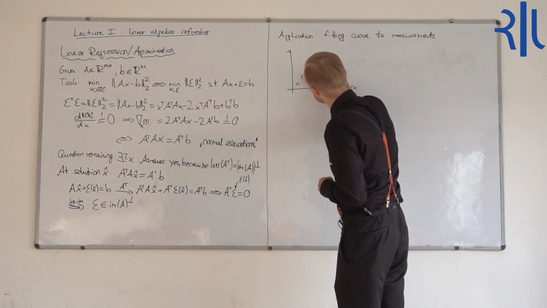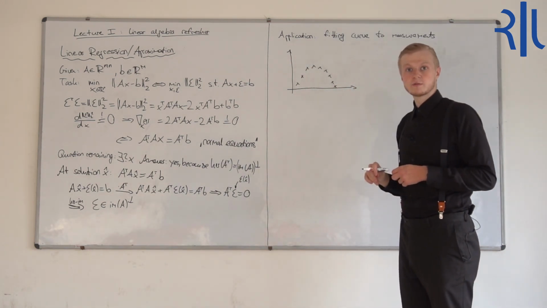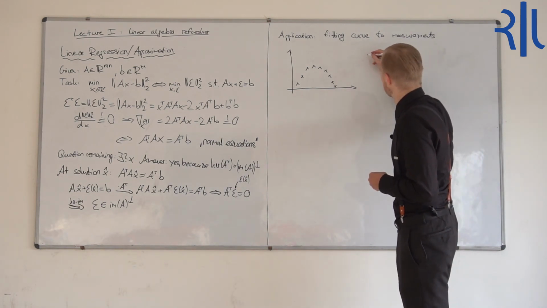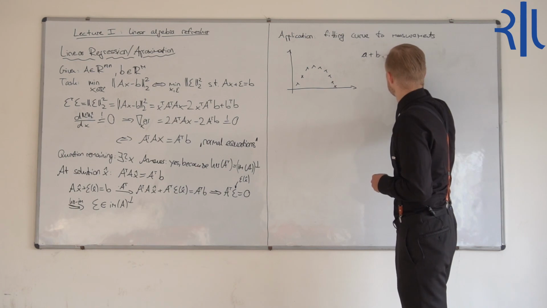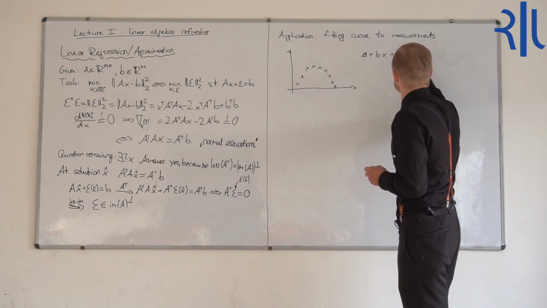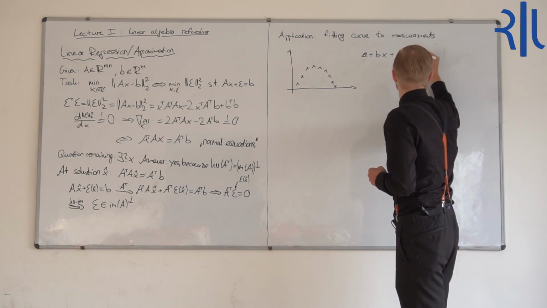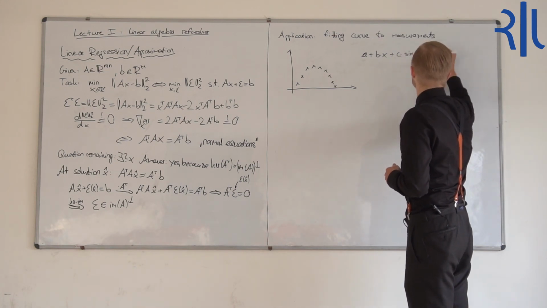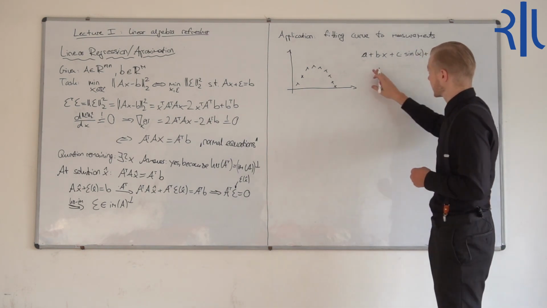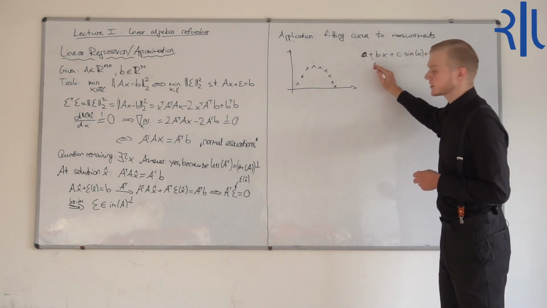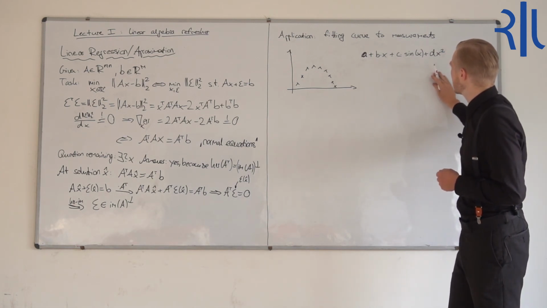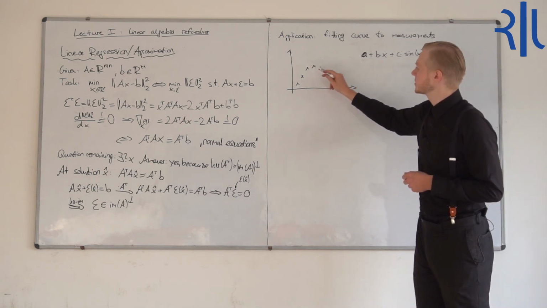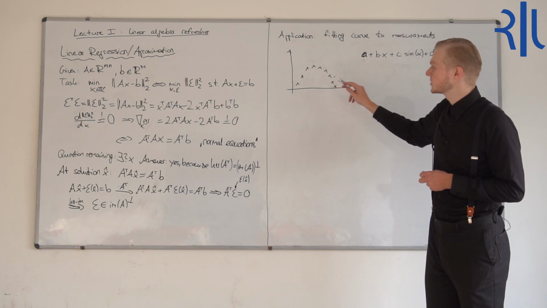And you want to fit a function that is parametrized by A, B, C, and D, and you can choose A, B, C, and D in such a way that the resulting function approximates your measurements as good as possible.